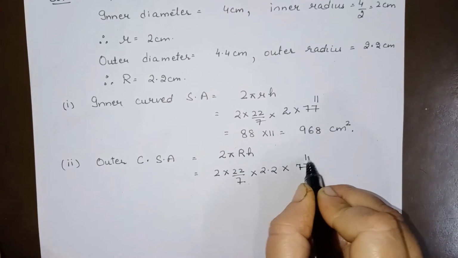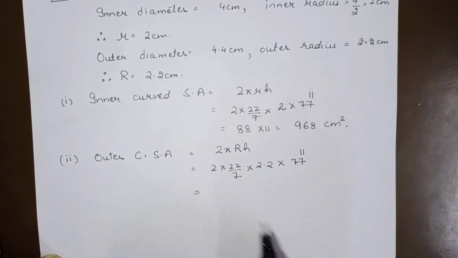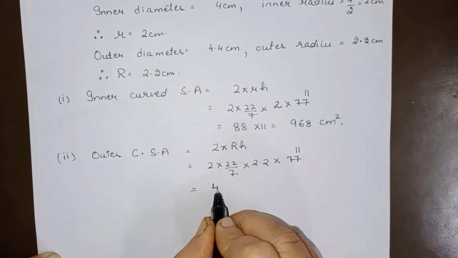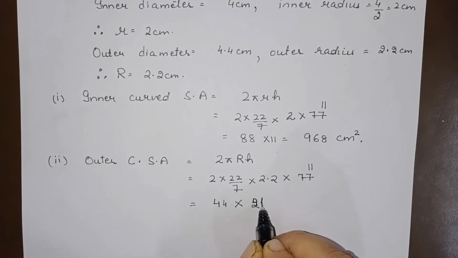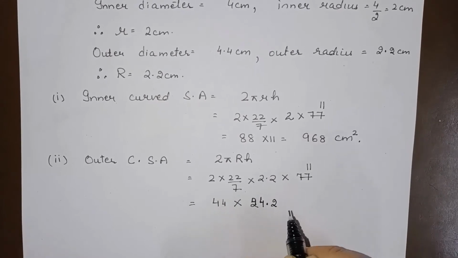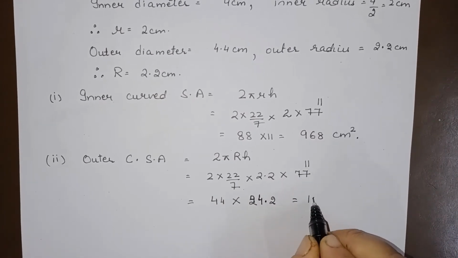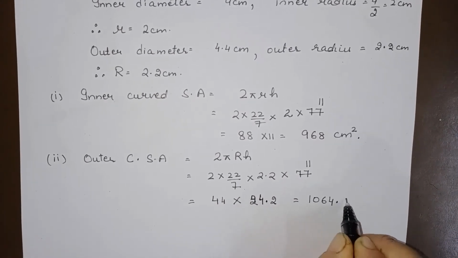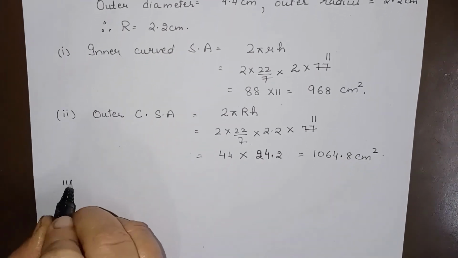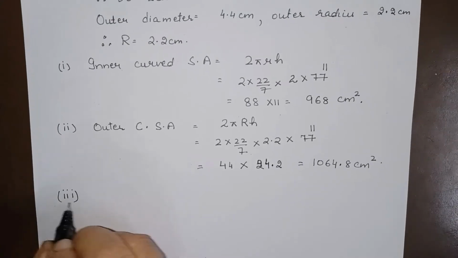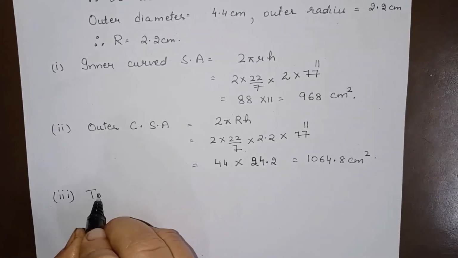So this is 11 from here. This will be equal to 44 multiplied by 24.2. So this answer will be 1064.8 centimeter square.